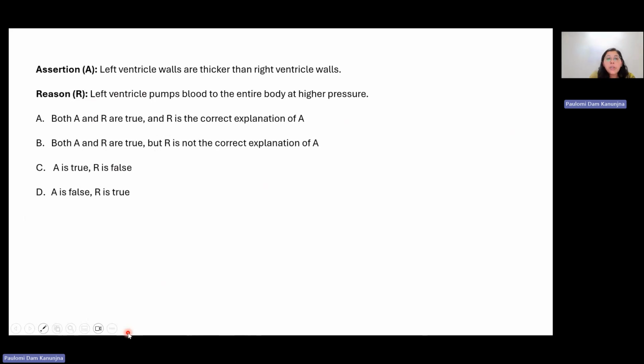Here, you have the first statement saying left ventricle walls are thicker than right ventricle walls. And that's because the left ventricle wall pumps blood to the entire body at high pressure. So do you think this is a correct statement individually, and are they explaining each other as well?